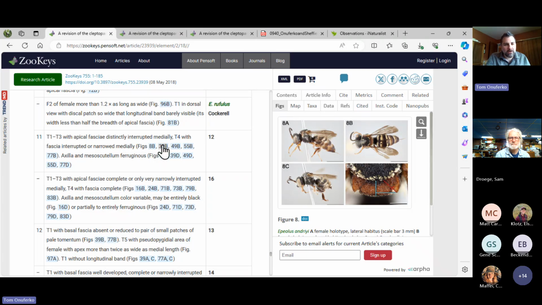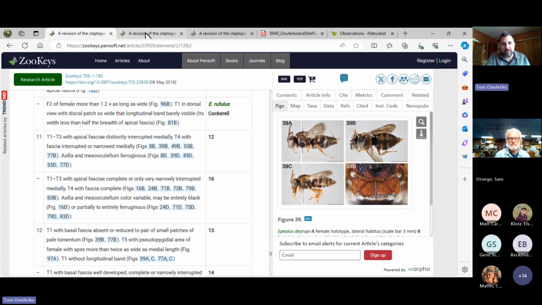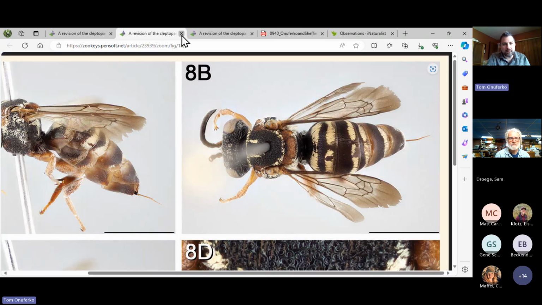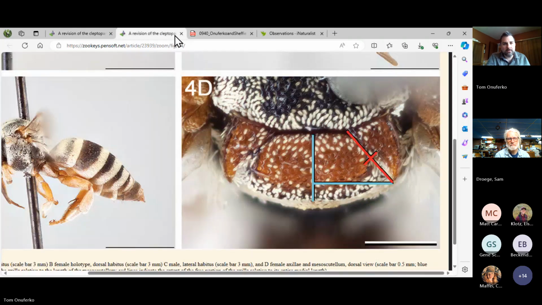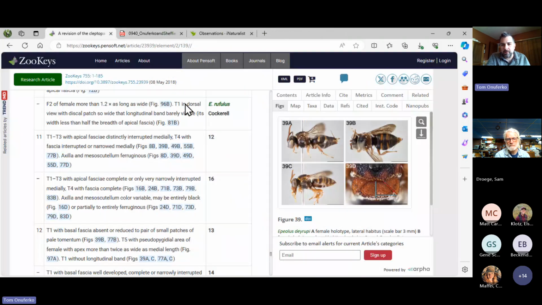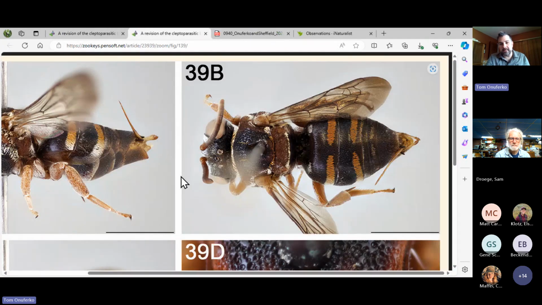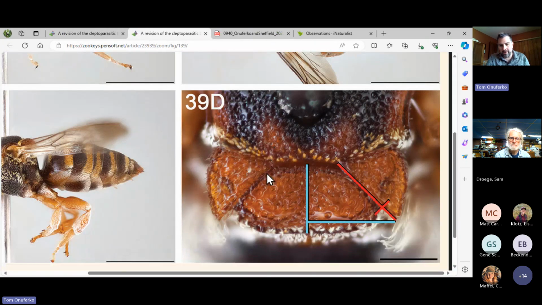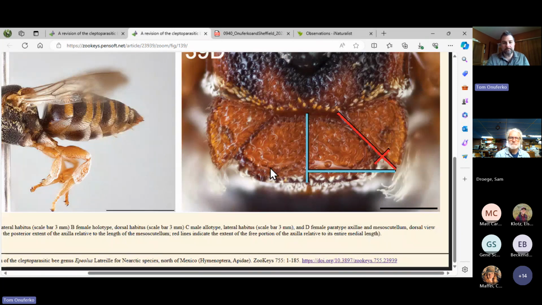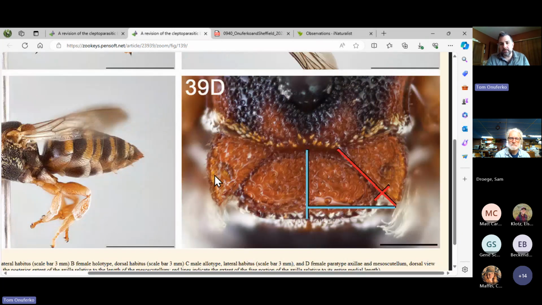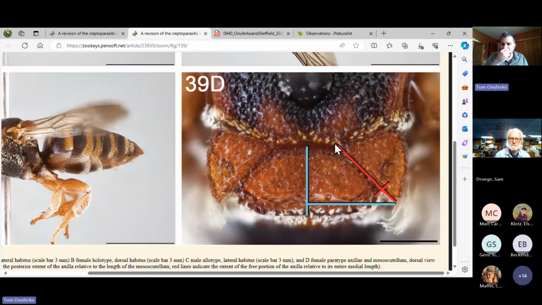Okay, so let me see what other species are in that. Here's another species. What was that one? It didn't open up. Oh, here we go. Epeolus deripi. This is the species that's not in Discover Life because it wasn't described until I revised the genus. It was missed by Mitchell, and Brumley didn't look at the eastern species, but it was unknown to science.